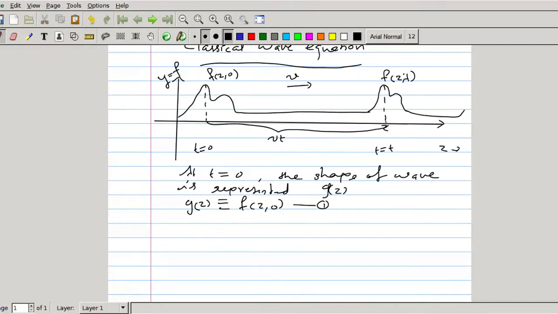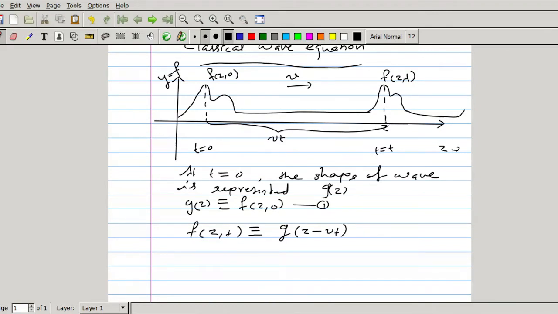If I take the z coordinate of this point as z, then the corresponding original point will be z minus vt, since the wave has traveled a distance vt during the time t. So we can write the function f(z, t), the function at time t, as the same as the function g(z minus vt).